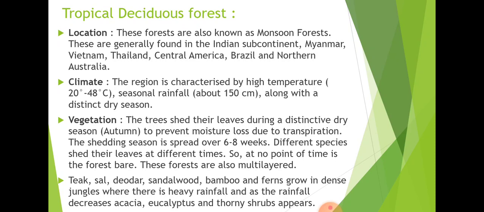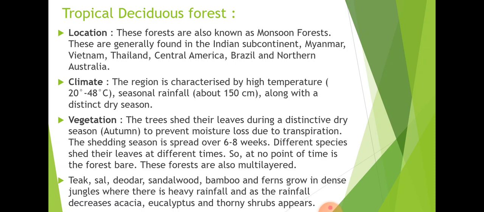So these kinds of plants grow where there is heavy rainfall, and where the rainfall is less, the plants grown in those regions are acacia, eucalyptus, thorny shrubs. The tropical deciduous forest is categorized into two parts. Where the rainfall is most, the trees do not shed their leaves together, and where the trees shed their leaves together, those are the lowest rainfall areas.